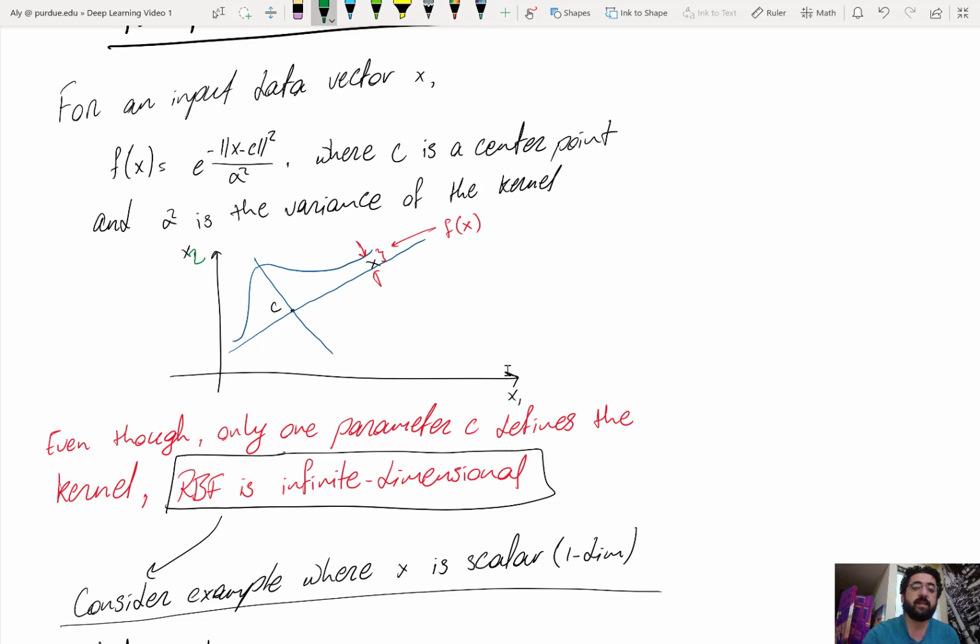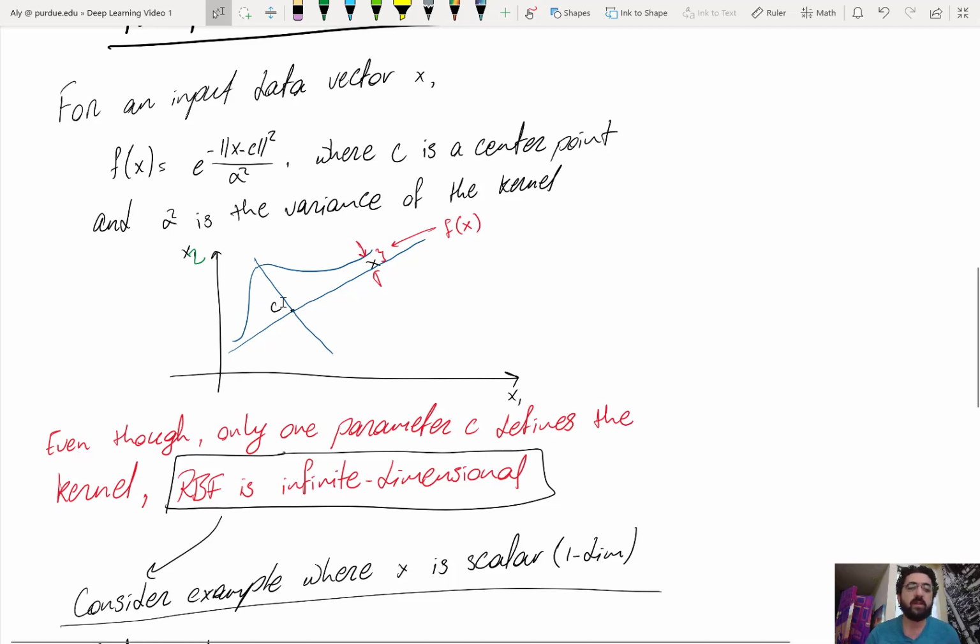Then let's say x is this point here, and you have a center point C here. So basically it's the negative exponential of the Euclidean distance between x and c divided by sigma square. Sigma square is called the variance of the kernel, and this kernel is also known sometimes as a Gaussian kernel.